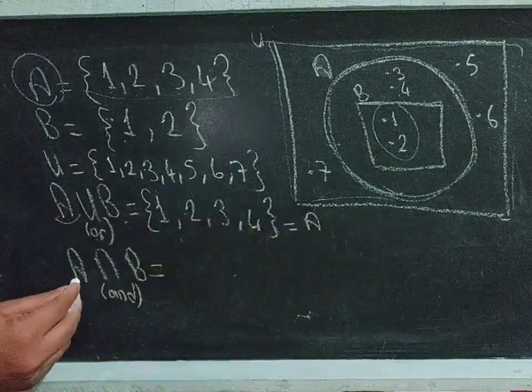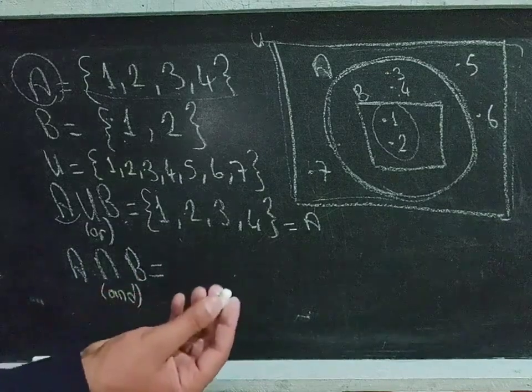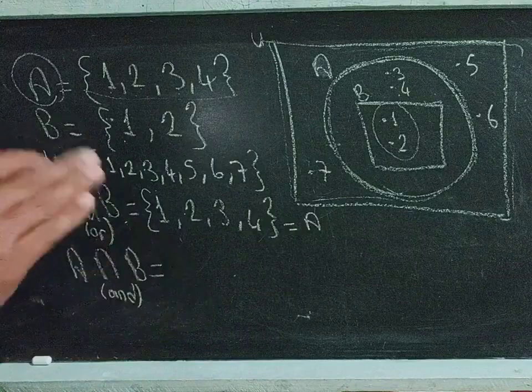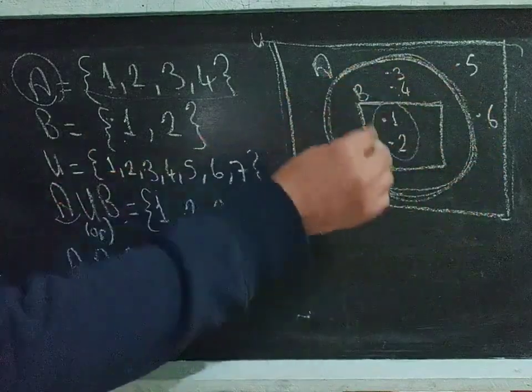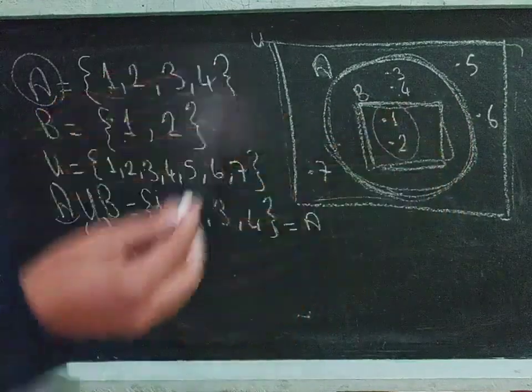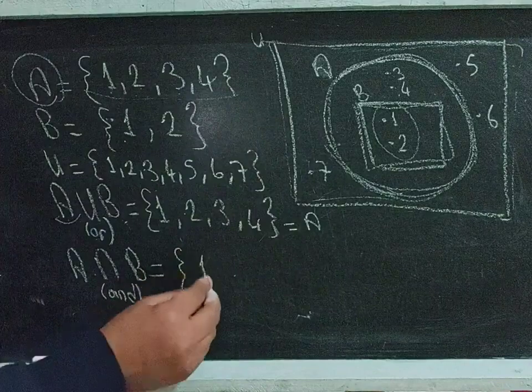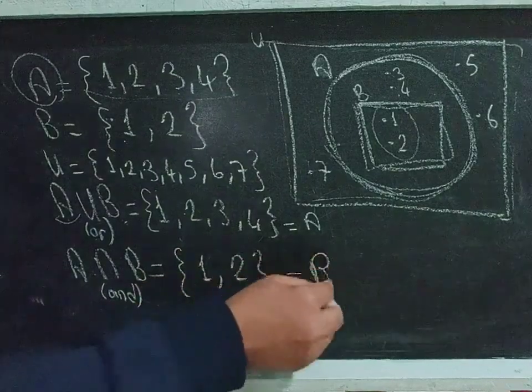And for A and B, you will see which ones are common for both of them. Let's draw again. Draw A and draw B. So you will see 1 and 2 are common for both of them. And if you notice, 1 and 2 are the elements of B for this shape.